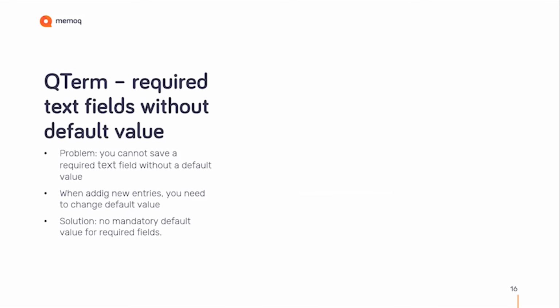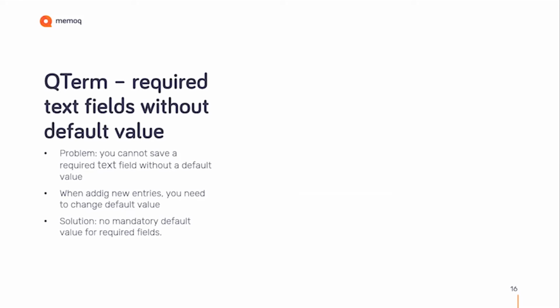Now, moving on to the other thing, it's a very specific feature that many of you requested. One hindrance in Qterm was that up until now, if you added a custom field and you marked it as required, then Qterm made it mandatory to enter a default value.